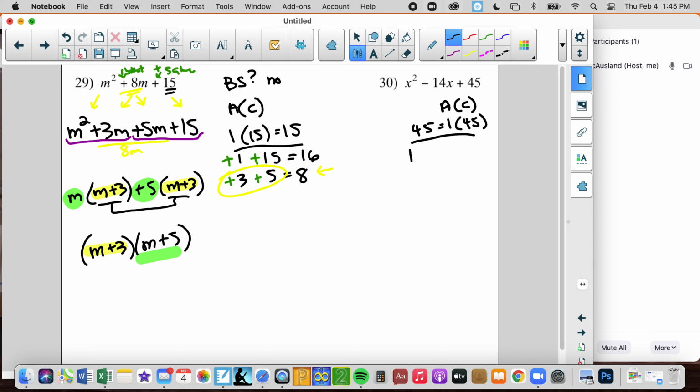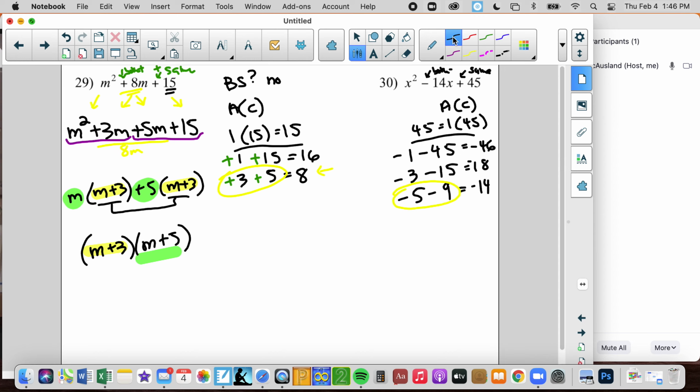Factors of 45 are 1 and 45. 2 no, 3 and 15, 4 no, 5 and 9, 6 no, 7, 8, and we're back to 9. We know my signs are the same, and this time they're both negative. So negative 46, negative 18, and negative 14. These are equal to my middle.